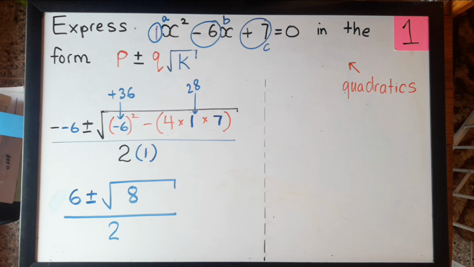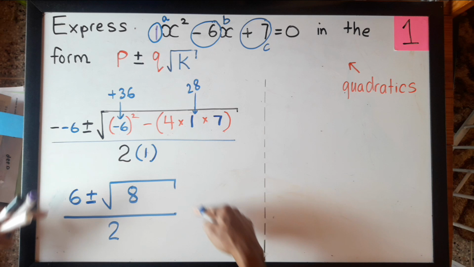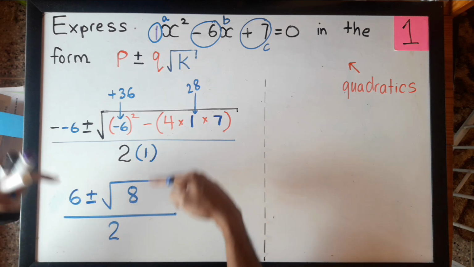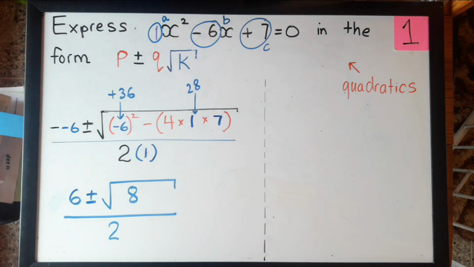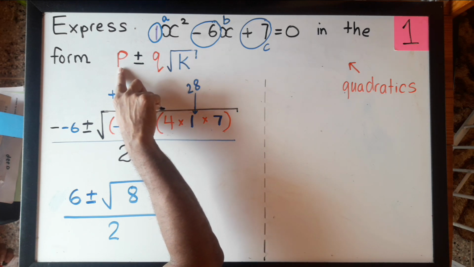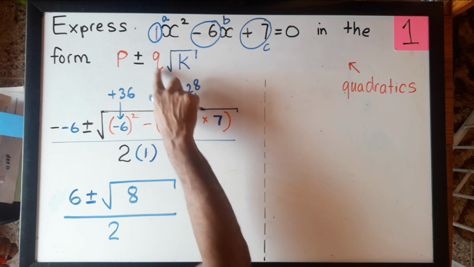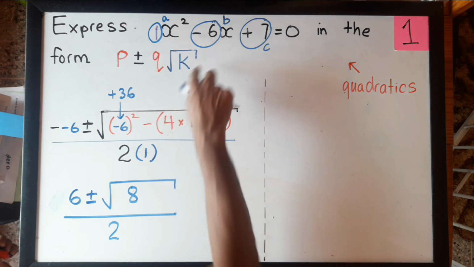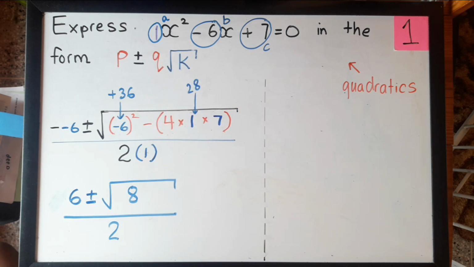Now, we're pretending we don't have a calculator. I'm going to try to simplify this to make it look like this. And when I finish simplifying it, there will be something before the plus or minus, something after the plus or minus, and something underneath a square root. This topic is a mixture of quadratics and surds.